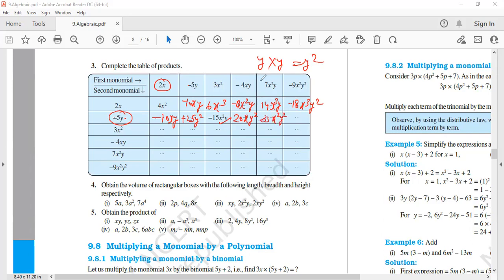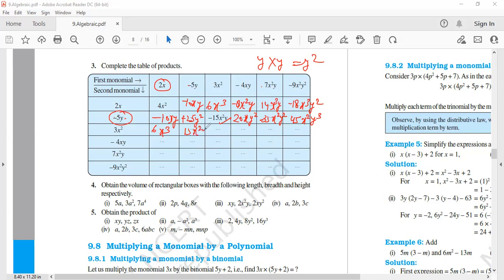Similarly, 7 fives are 35, and x square y square with a minus sign, because 7 is plus, minus 5 is minus, that's why minus 35. 9 fives are 45, plus sign because minus is there, x square and y cube.